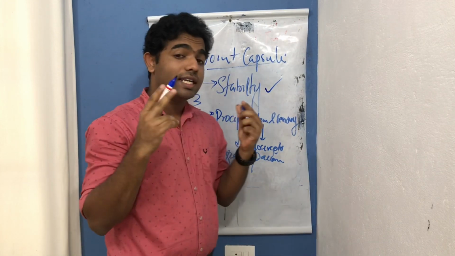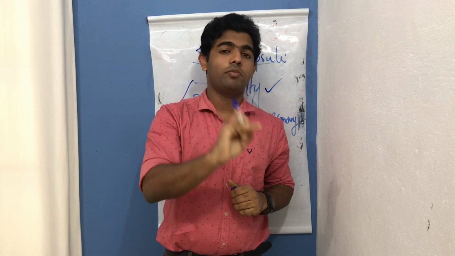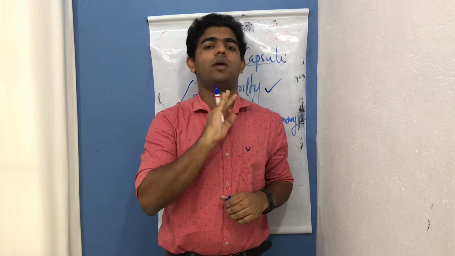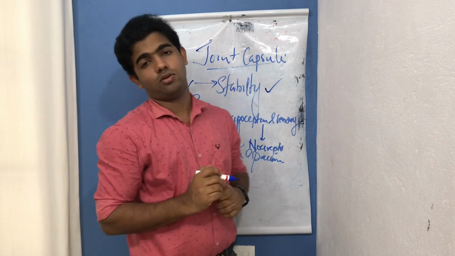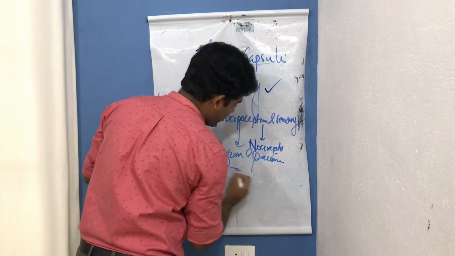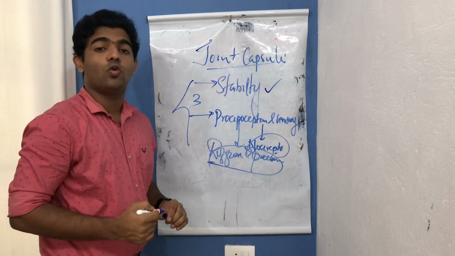In your meniscus, it was Ruffinian corpuscles, Pacinian corpuscles, and Golgi tendon organ. Here you don't have the Golgi tendon organ. All others, that is the Ruffinian corpuscles and Pacinian corpuscles, help in proprioceptive feedback and sensory feedback.